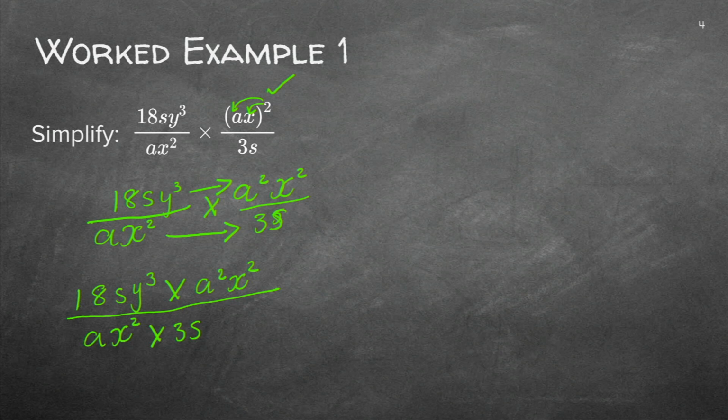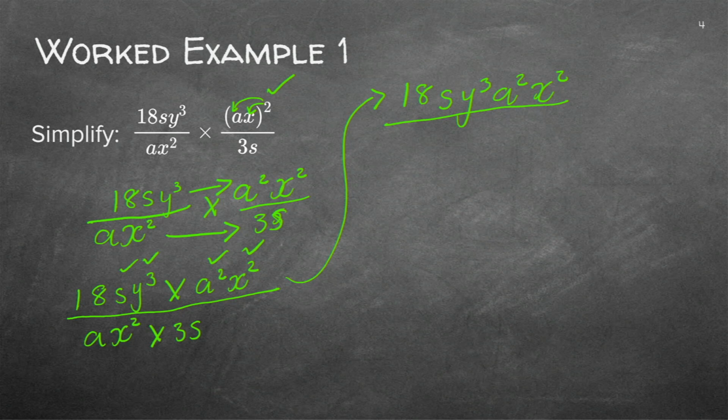And the product of that, let me write it on top there. So the product of that, we're checking if we have any value that looks the same. No, we don't have values that look the same, so we're going to write this as 18sy to the power of 3 a to the power of 2 x to the power of 2 over.